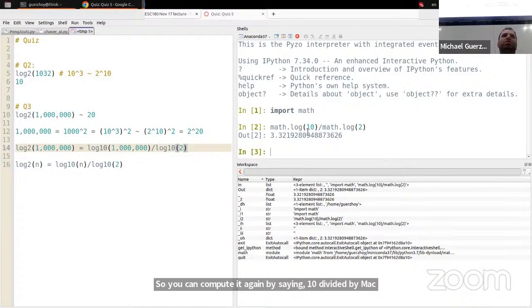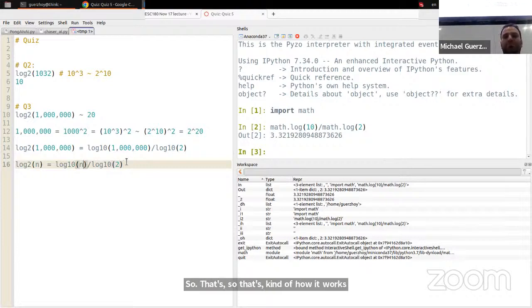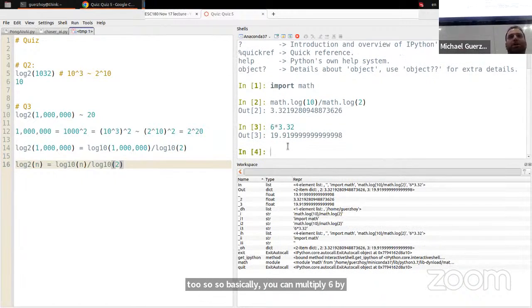And it's like 3 point something. That's how it works. So sorry, of course this is like log 10 divided by log 2. So that's what you multiply by, right? So basically you can multiply 6 by 3.32 and you get the bottom line.